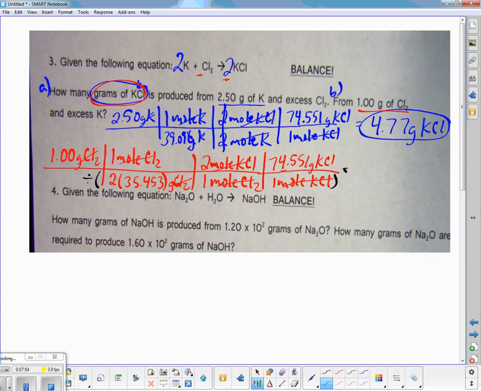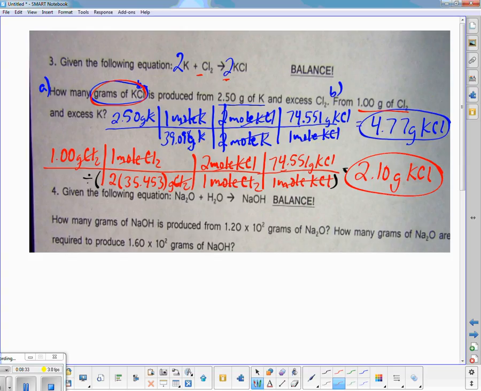That's one of the biggest mistakes that I see, is they forget the parentheses on the bottom. What do we get? .10 grams of KCl.